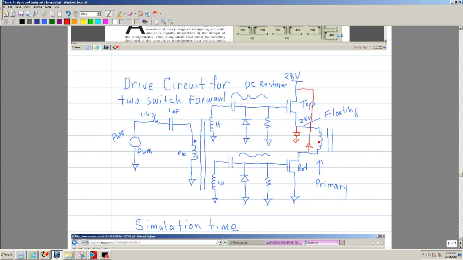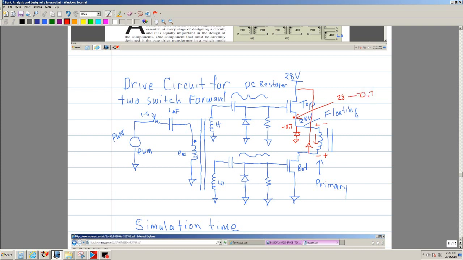So the current is going to try to flow in this direction. Previously this was 28 volts and this is negative. It flips, so then this is going to go negative, and that node is going to be positive. So then this is going to clamp at negative 0.7. So this node basically switches from 28 to negative 0.7.